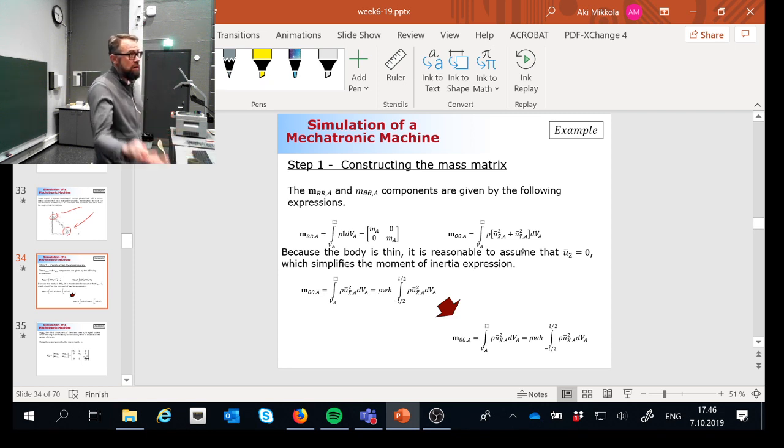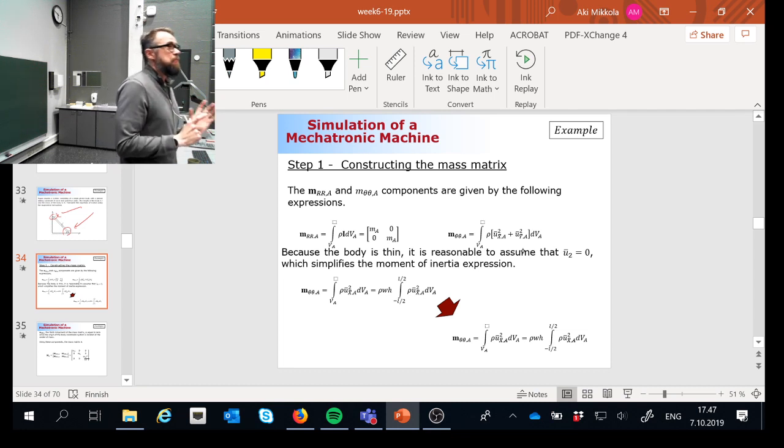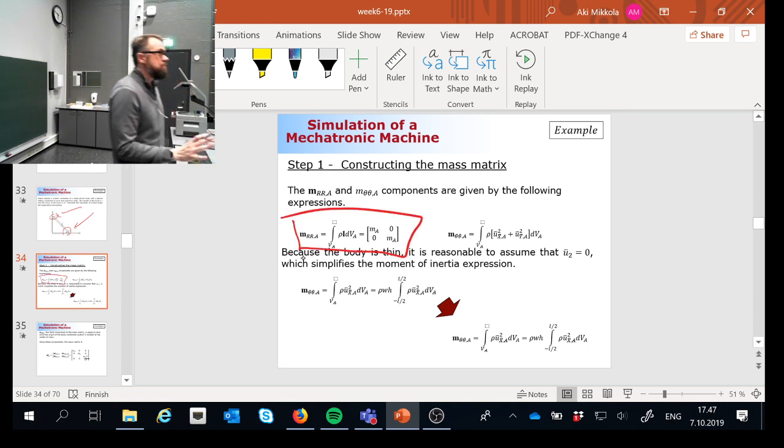In real life, use pre-calculated tables, because volume integrals make no sense, particularly if you have a random shape of body, it's going to be painful to do this way. The first component of the mass matrix is associated with translational components. So I'm simply going to take the mass of the body and put it in the diagonal positions of that 2x2 matrix.